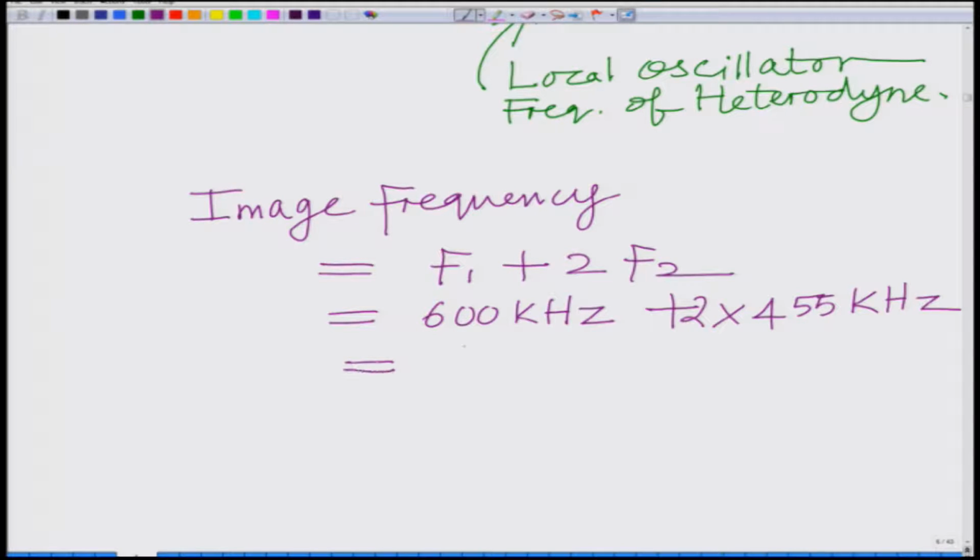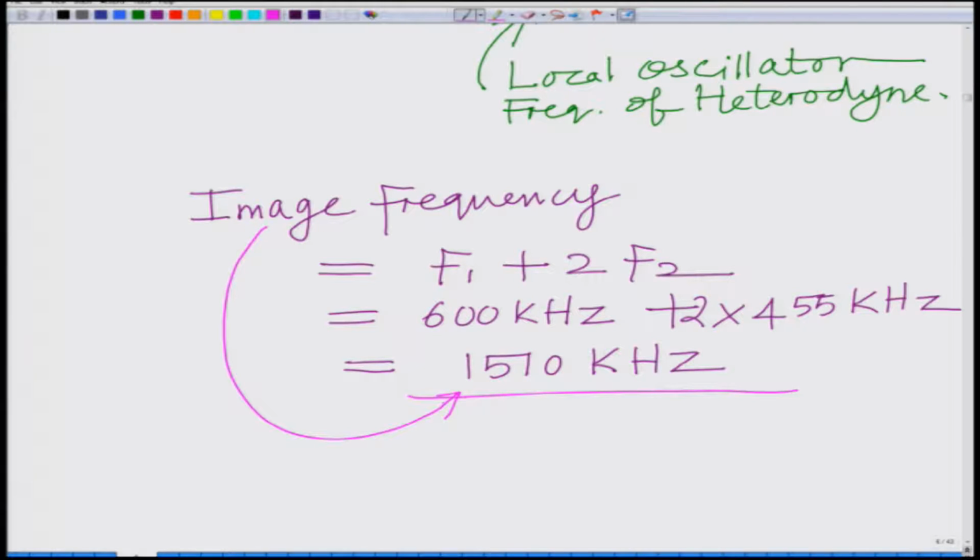So, that will be 1510 kilohertz. This is the image frequency, 1510, which is also shifted to the intermediate frequency.